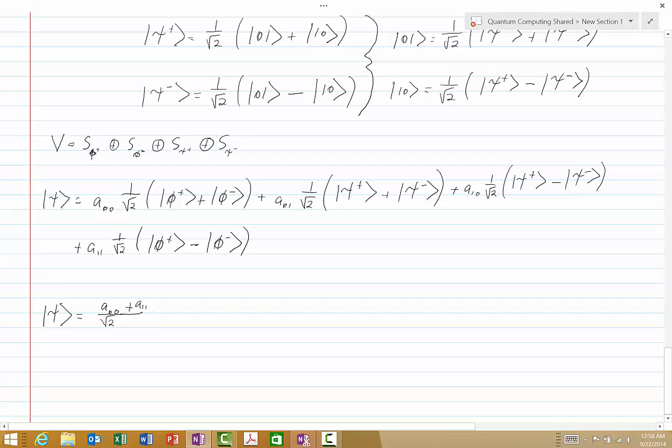So A00 plus A11 over the square root of 2 times phi plus, A00 minus A11 over the square root of 2 times phi minus, plus A01 plus A10 over the square root of 2 C plus, A01 minus A10 over square root of 2 times C minus.